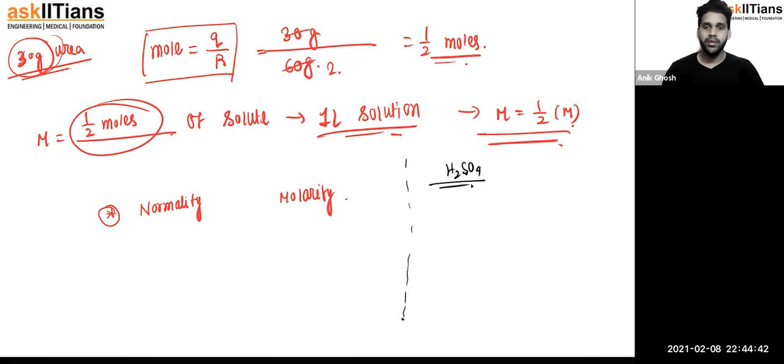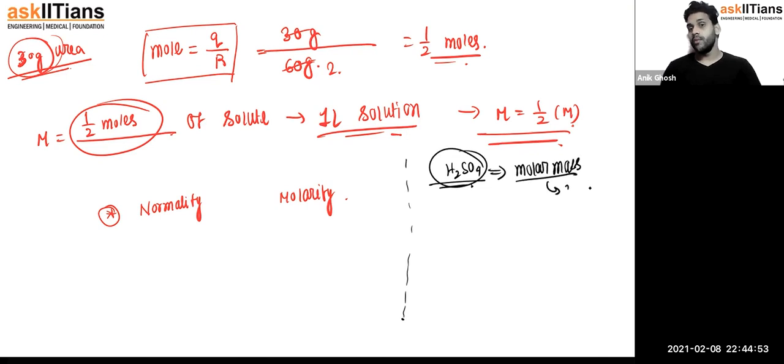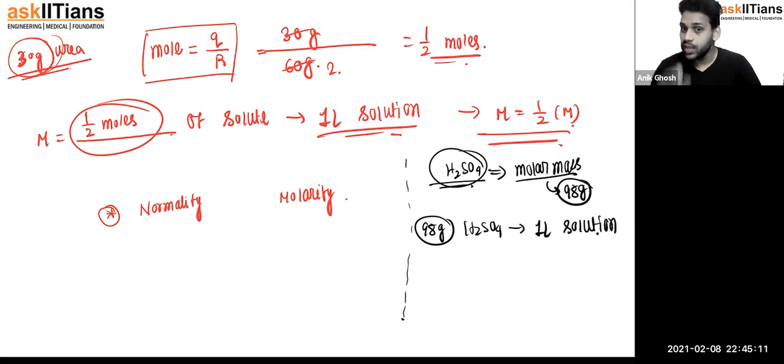For H2SO4, the molar mass is 98 grams. So when 98 grams of H2SO4 is there in 1 liter of solution, we call it a 1 molar solution.